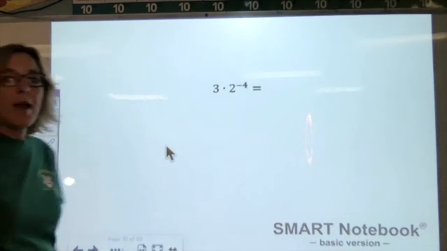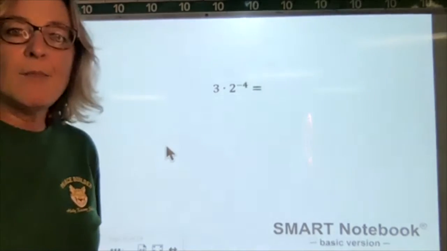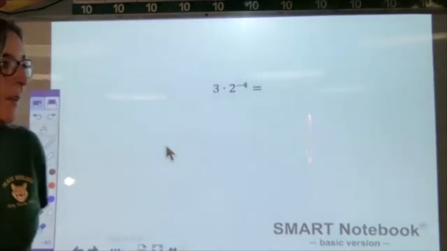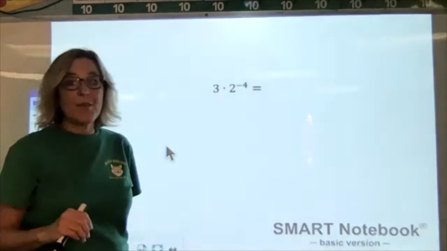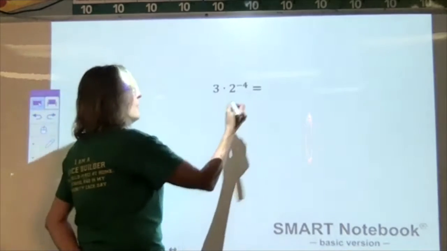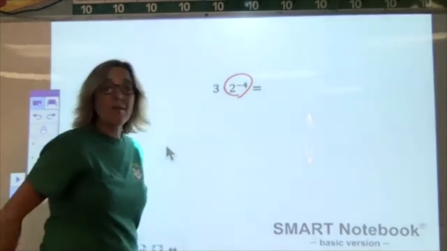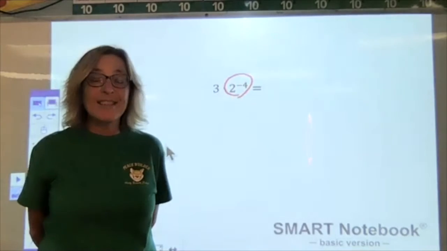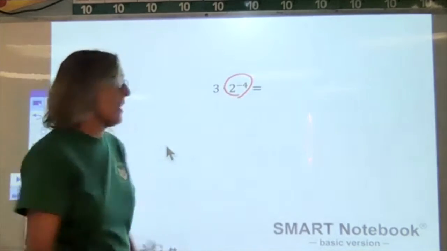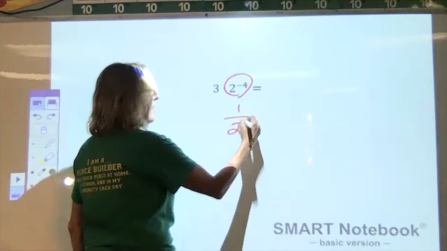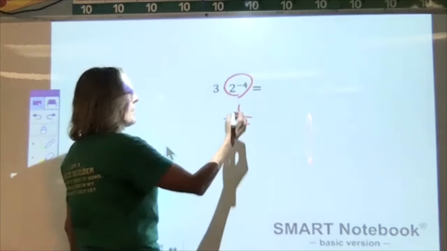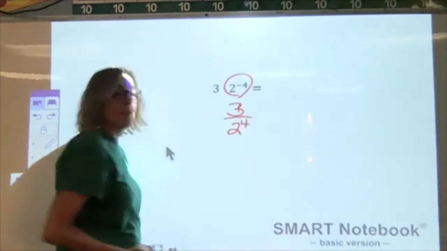All right, how about this one? 3 times 2 to the negative fourth power. Well, we can't multiply them because they're different bases, right? So we're going to treat them differently, but we can deal with 2 to the negative fourth power by rewriting it with a positive exponent. We can rewrite it as a positive exponent by putting it in the denominator. And now we have 3 of these, so we could put 3 in the numerator.